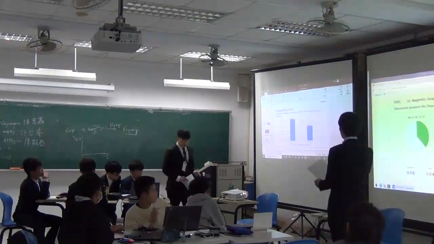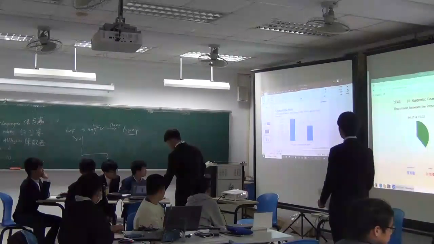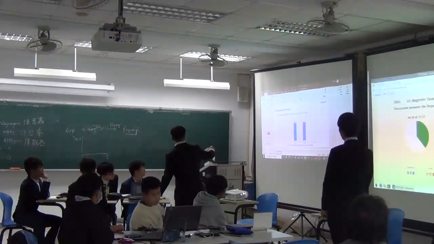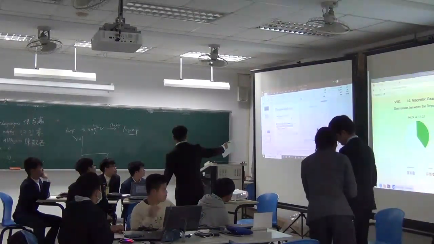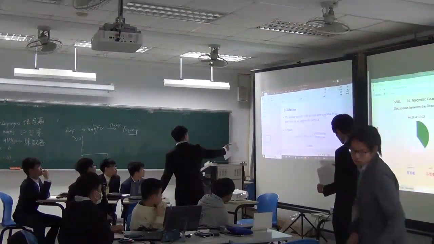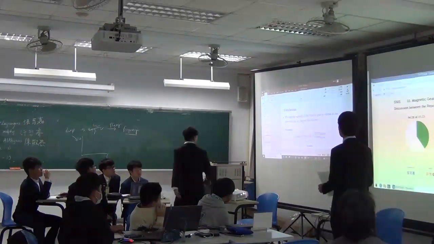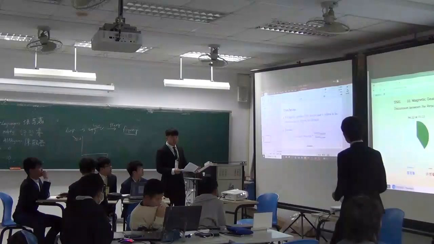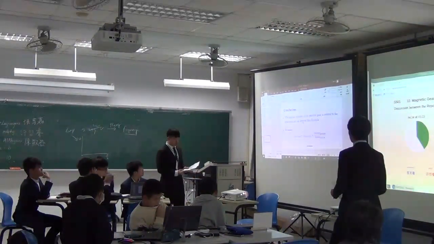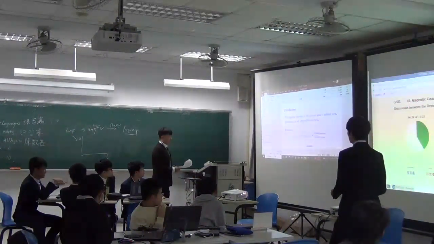I have a result that matches with this one, which is over here. So this is the formula that we get from our experiment result.